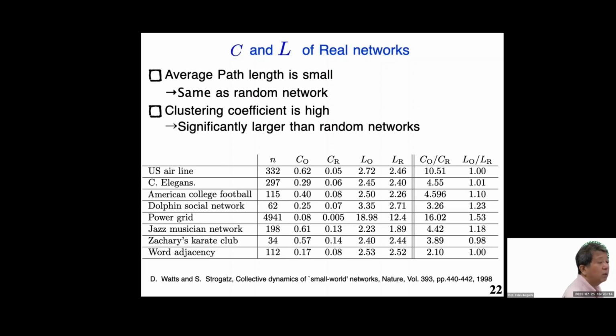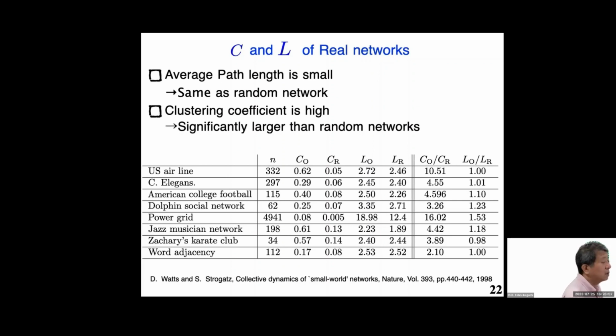So, if the network under analysis is a small world, the average path length is expected to be small, and this also holds for random networks. On the other hand, if the network under analysis is a small world, the clustering coefficient is expected to be high. This is different from random networks, because random networks have a very small clustering coefficient.